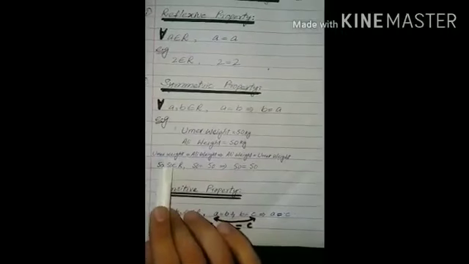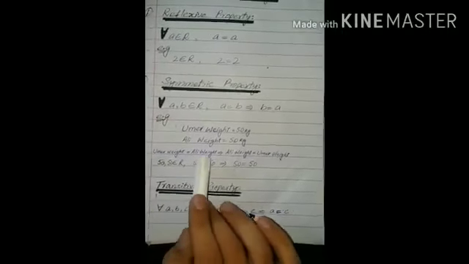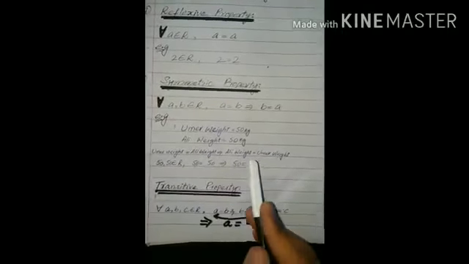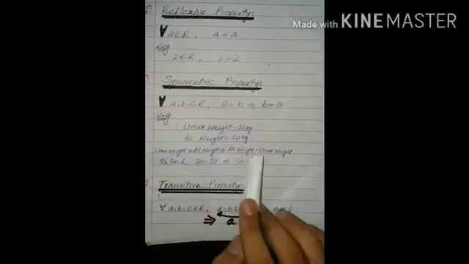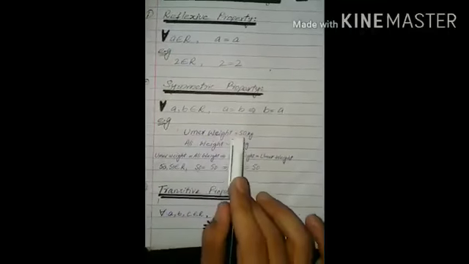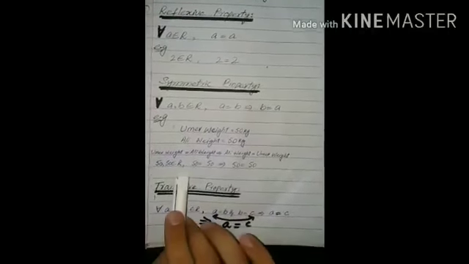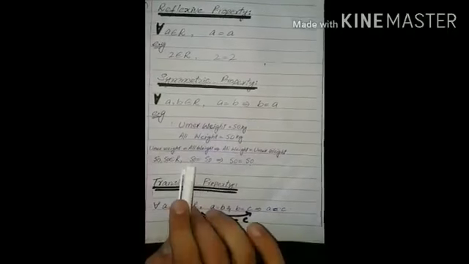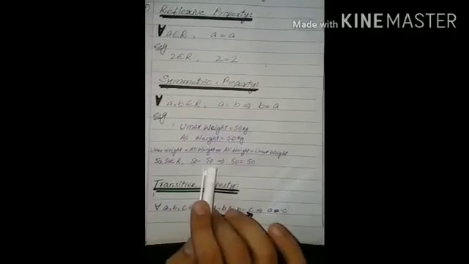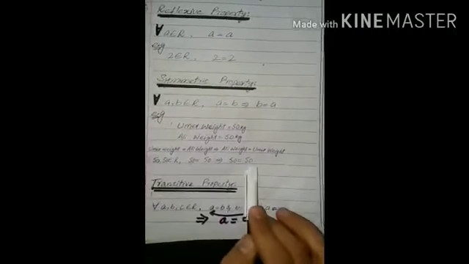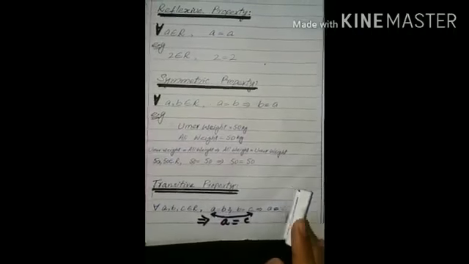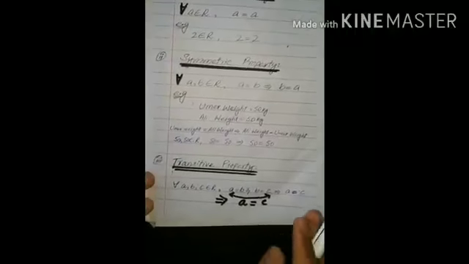So I can say that Umar's weight is equal to Ali's weight, and I can also say the same statement in a different way: Ali's weight is equal to Umar's weight. Both statements are okay. This 50 and this 50 are both real numbers, and the weight of Umar is equal to the weight of Ali, and also the weight of Ali is equal to the weight of Umar.